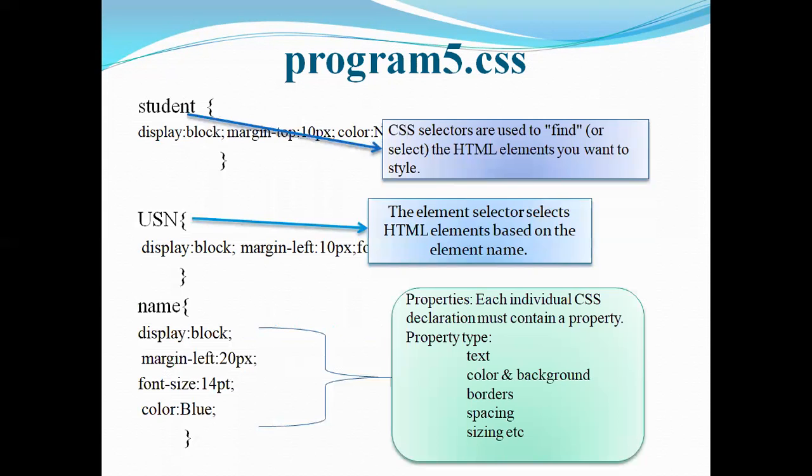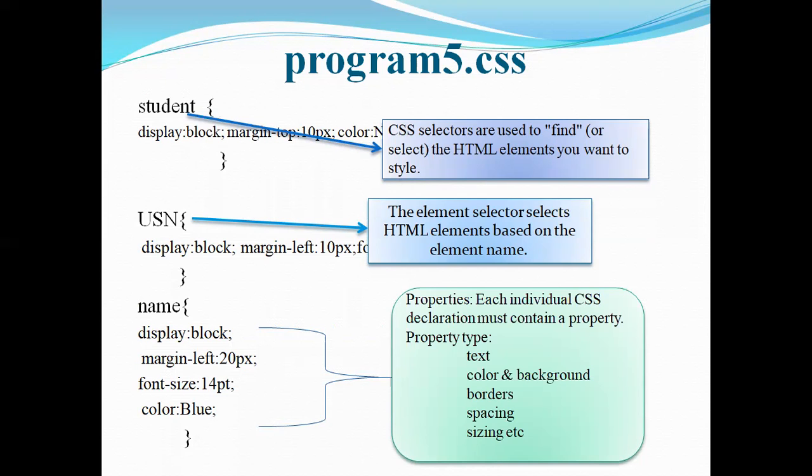Here just look at that: display, margin, font size, color, these are all called properties. Each individual cascading style sheet declaration must contain a property. Try to understand, we follow a certain syntax in order to write these properties.